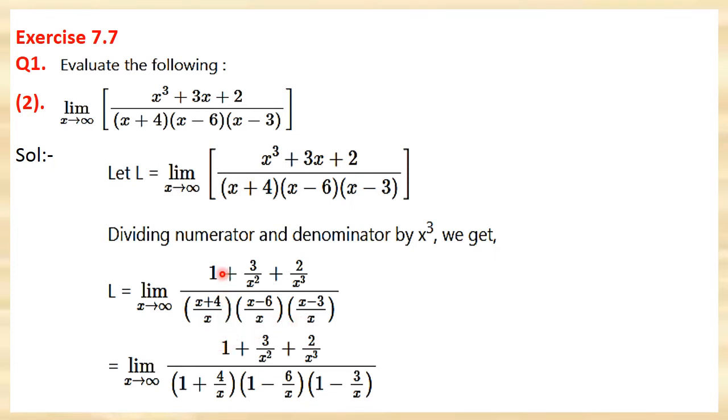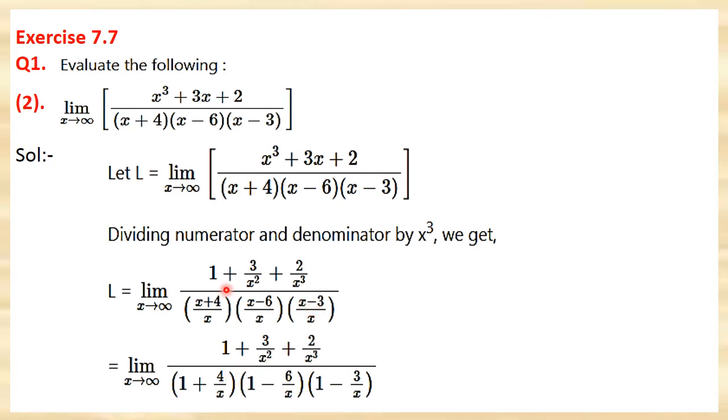So x cube is equal to x into x into x. Now when you divide the numerator by x cube, you will get the first term, x cube upon x cube, which is 1, and 3x upon x cube is 3 by x square, and 2 upon x cube is 2 by x cube. And the denominator will become (x plus 4) upon x, (x minus 6) upon x, and (x minus 3) upon x.